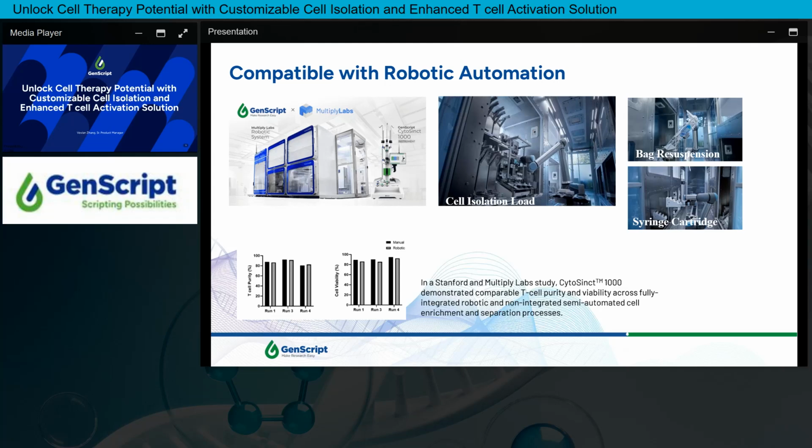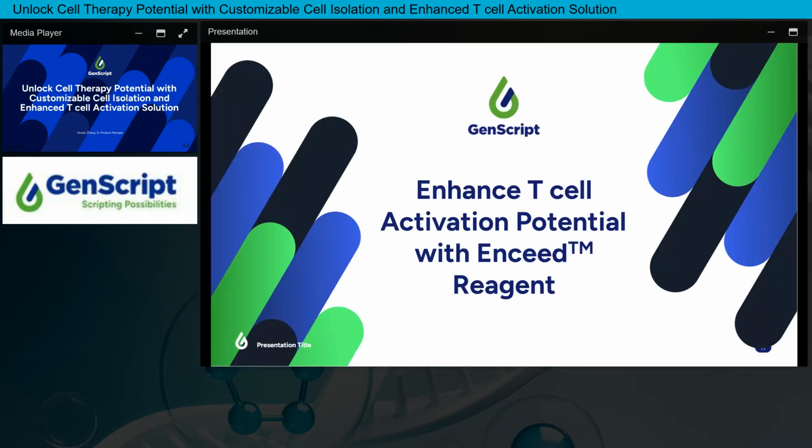And the nanobeads provided by GenScript, as well as the customizable nanobeads, would also be fully compatible with the instrument as well as the robotic system.